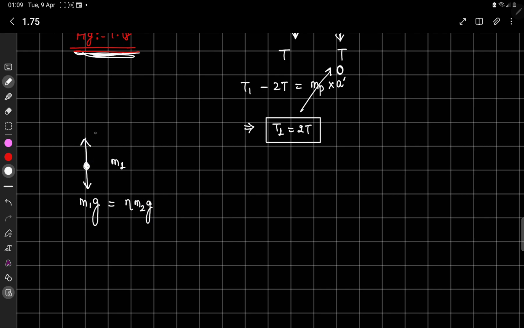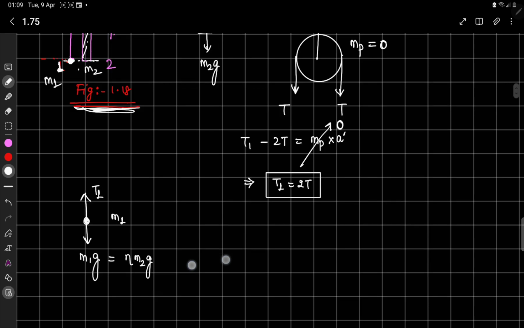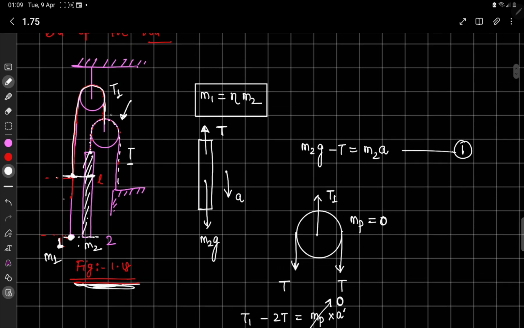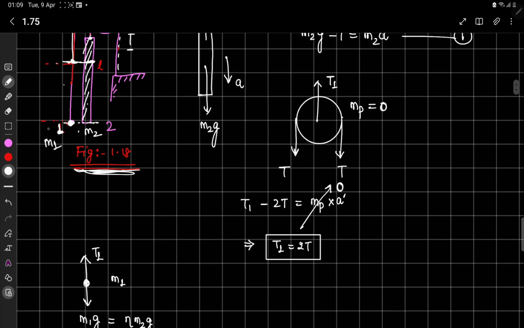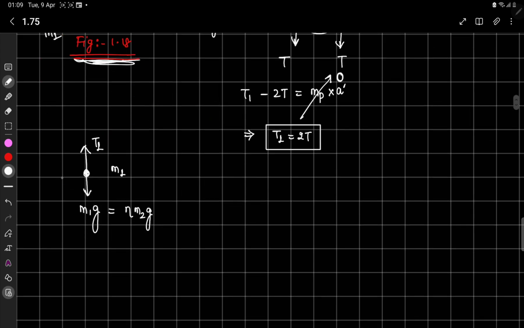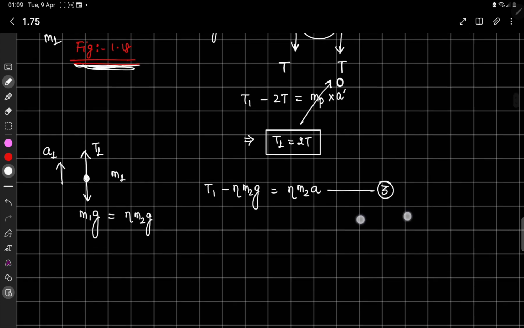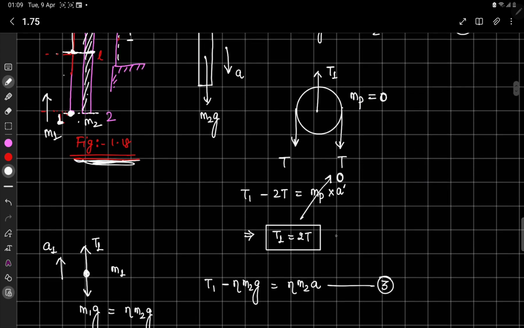In the upward direction we will have the tension force T1, because we have earlier mentioned that at each point on this thread the tension force is T1, and this ball will move in the upward direction, let us say with acceleration A1. If we write the force equation, then we can write T1 minus eta times m2g is equal to eta times m2 into acceleration. So this is the third equation that we have, and this is the second equation.